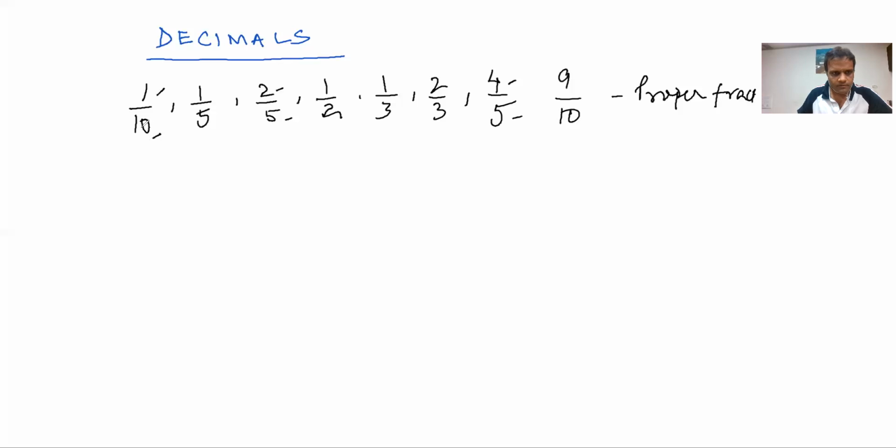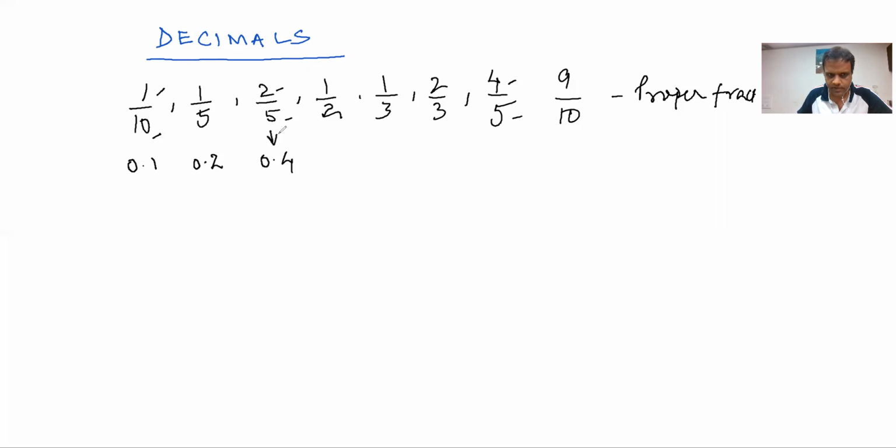Now, when we convert these proper fractions into decimals, 1 upon 10 is actually 0.1. 1 upon 5 will be 0.2. You can simply divide and find the decimal. We have all done this in the previous class. 2 upon 5 will be 0.4.